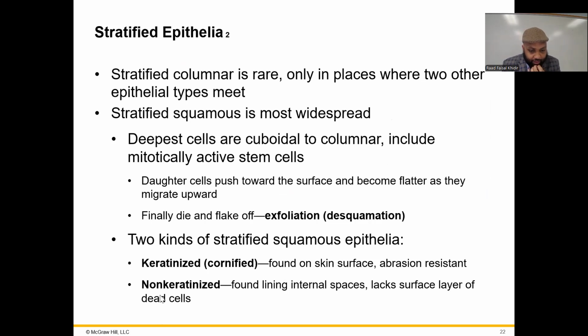The non-keratinized are found lining the internal spaces, and they lack the surface layer of dead cells. The keratinized are found on the skin surface. So that's why they say keratin is found on the skin, because it is found in the keratinized squamous layer. But on the inside of the hollow organs and cavities, you would have the non-keratinized squamous epithelium.